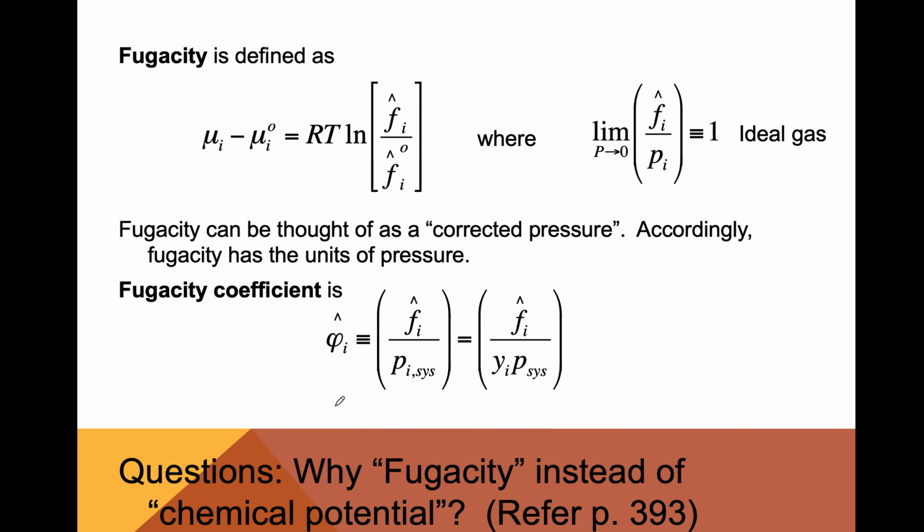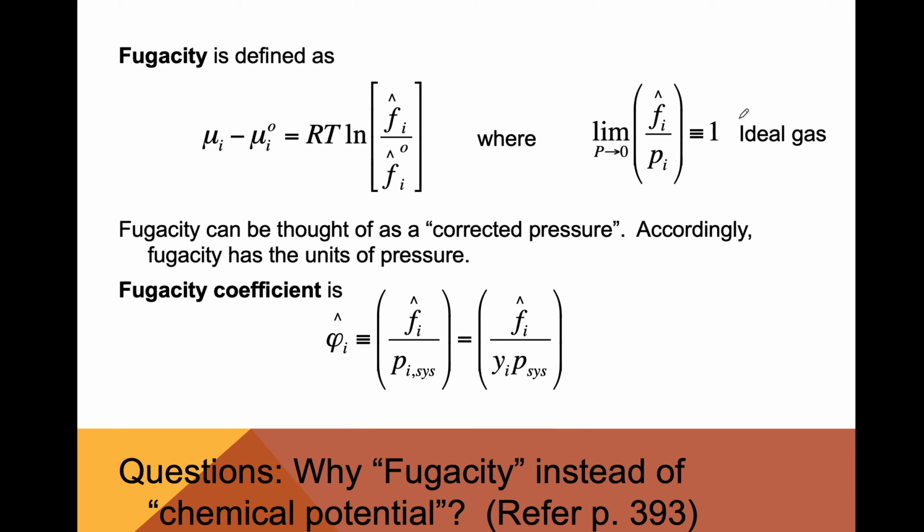Okay, so therefore, fugacity is defined as this equation, equal to RT ln f_i over f_i naught, whereby this is the limitation to indicate it is an ideal gas.